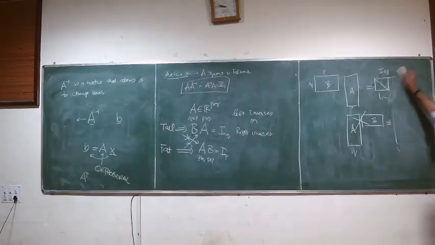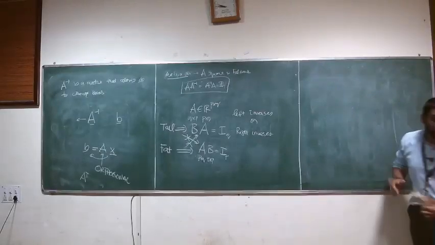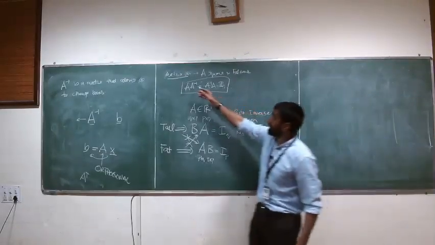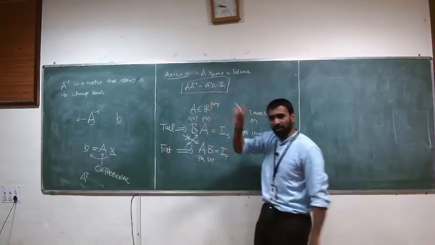Right. So now the question is, how do we go about finding it? And before that, if you have a square matrix and it's full rank, the inverse is unique and it can go on either side.